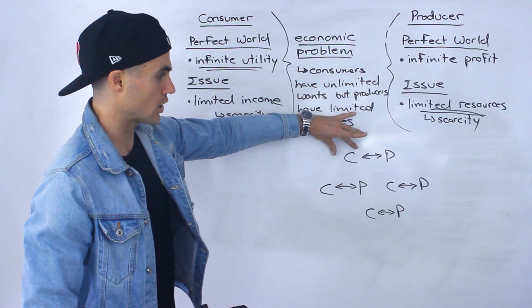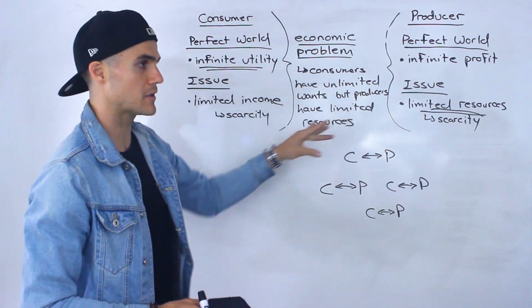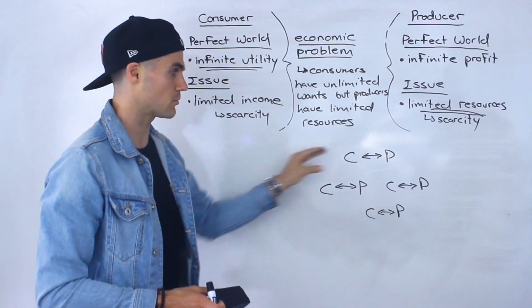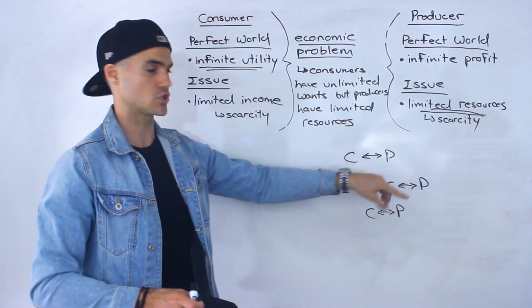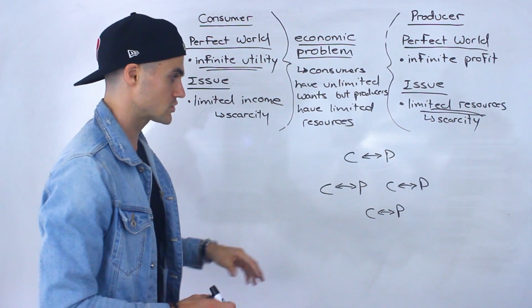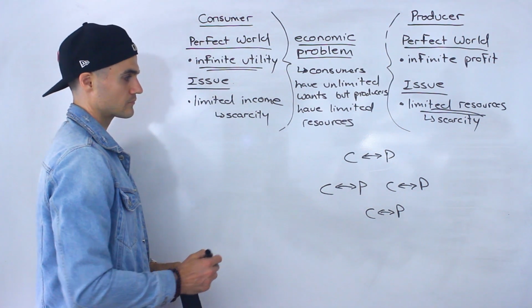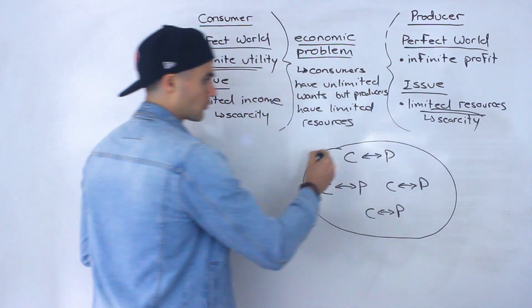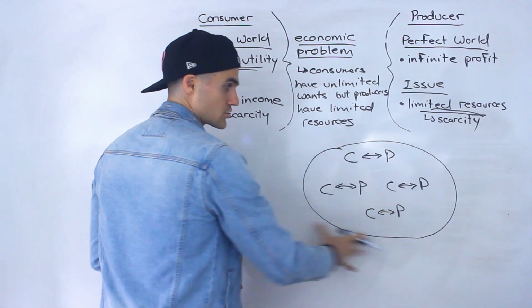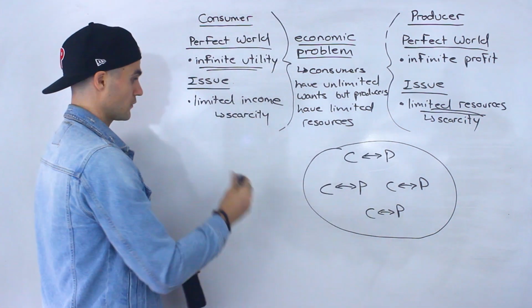For example, a consumer in this relationship, they might be a producer in another relationship, or this producer might be a consumer in another relationship. So this all can interconnect as well. And so in the real world, there's going to be a bunch of these relationships or a group of them.